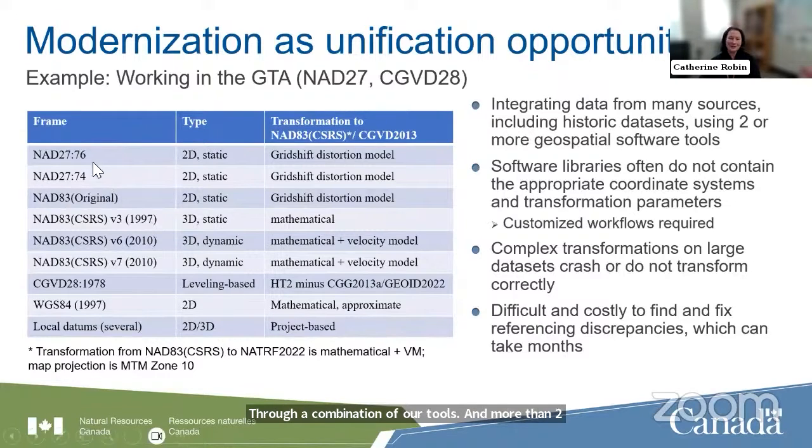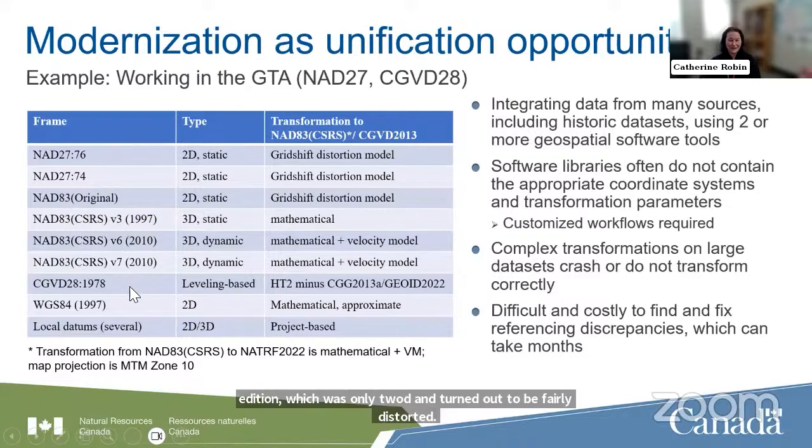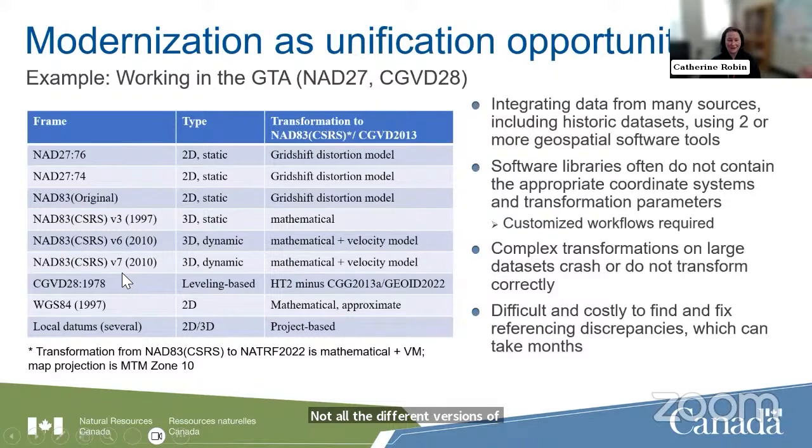So he's working on NAD27, 2 different realizations of it. NAD83, a very early edition, which was only 2D and turned out to be fairly distorted. All the different versions of NAD83 CSRS. And in the height system as well, some CGVD28, different realizations of it.